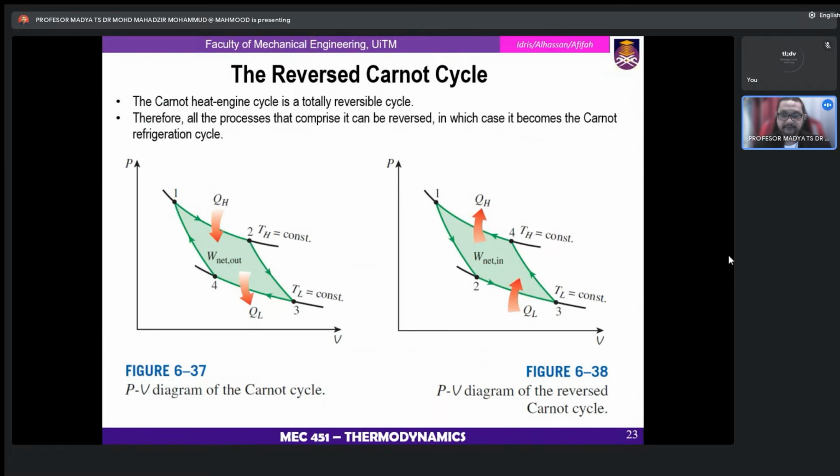Therefore, the reverse Carnot cycle is also known as a refrigeration cycle. This is the difference between these Carnot cycles.